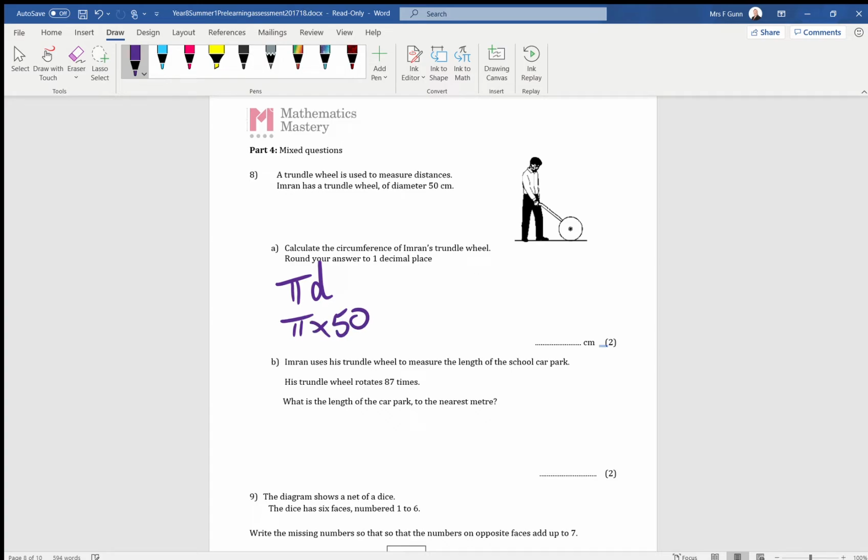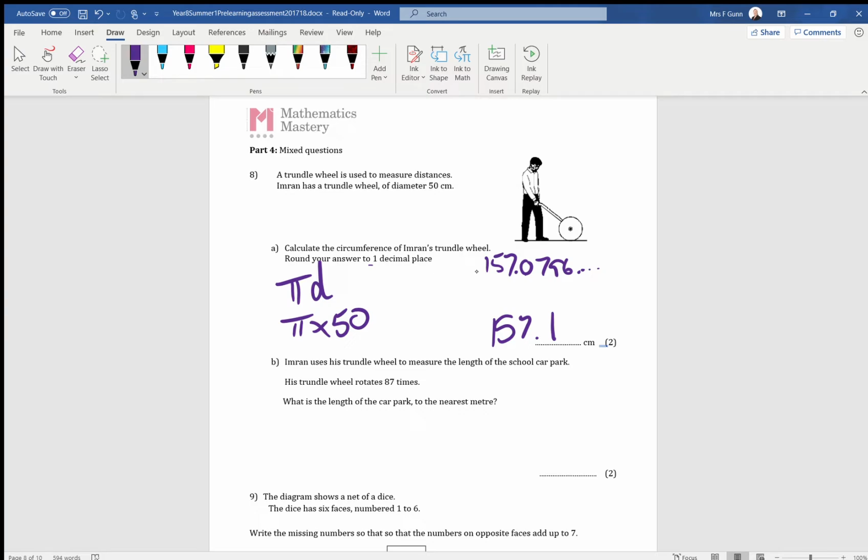Now, if you don't have a scientific calculator, then you can use 3.14 for pi, and for most things it'll be fine. If not, use the pi button on the calculator. I've got the pi button on my phone calculator, so most of you should have it. 157 point, and it wants it to one decimal place. So the answer is 157.0796. So I want one decimal place, so that 7 is going to turn that 0 into a 1.